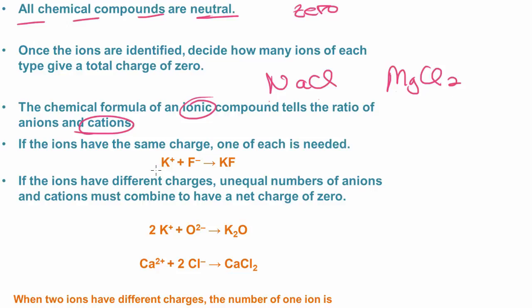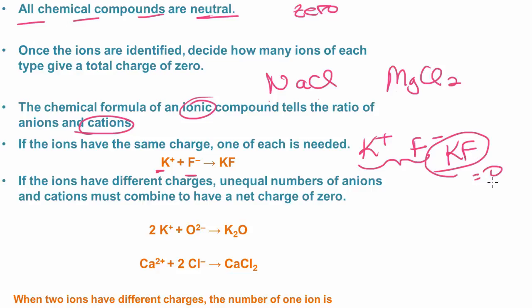In the case of potassium ion and fluoride ion, we have a +1 charge on the potassium, a -1 charge on the fluoride ion. In order to have a neutral ionic compound, all we need is 1 of each for that formula. A +1 and a -1 add up to 0, so this would be neutral.